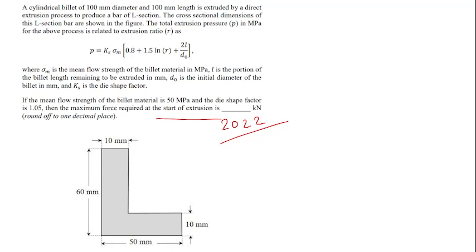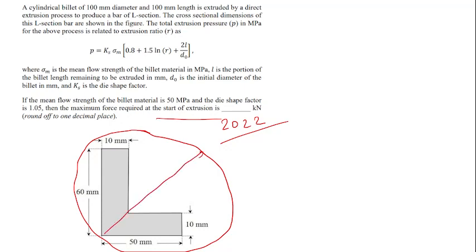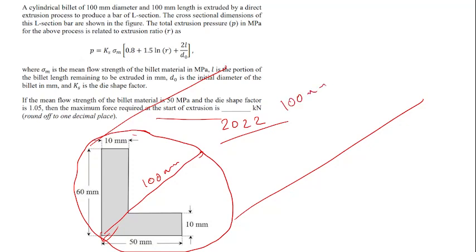So what is given in this question is a billet whose diameter was 100 mm and whose length was also 100 mm.